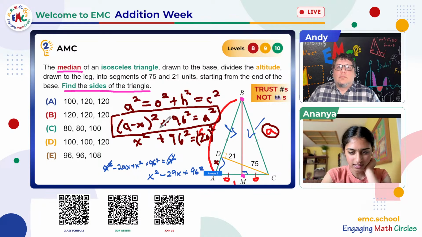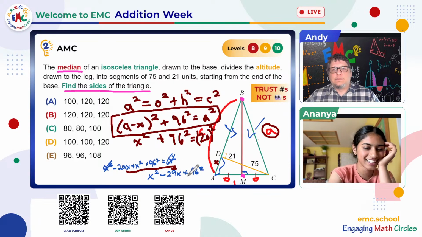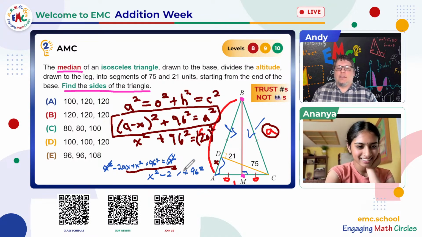Okay, so quadratic, yay. Well, it's not 29x. We got an a, right? Oh yeah, copy error. That's 2ax. My bad. I'm glad I caught it early.